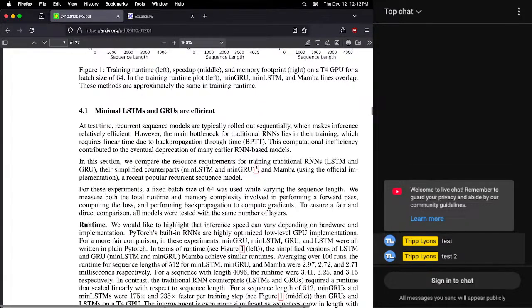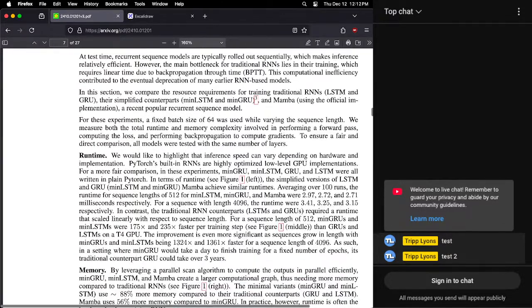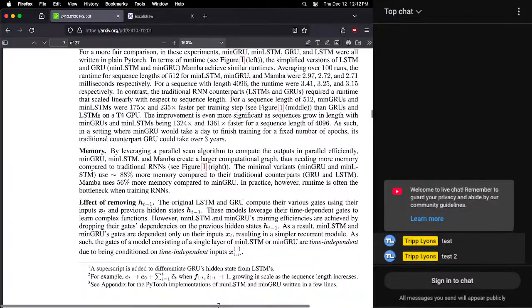Okay. It says they're efficient. At test time, recurrent sequence models are typically rolled out sequentially, which makes inference relatively inefficient. The main bottleneck lies in the training, which can't be done in parallel for these basic RNNs. They say how much faster it can be during runtime and how much less memory it can use.